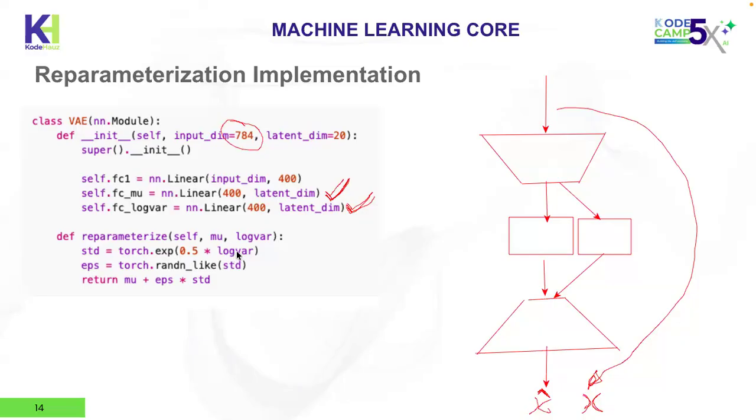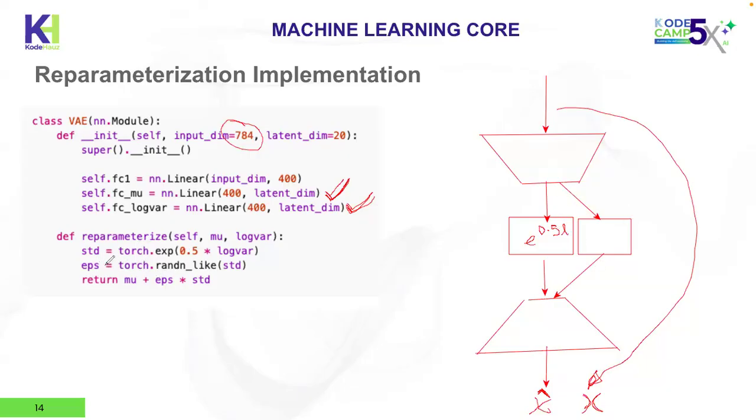So this logarithm value can be provided. It can be anything, but we are doing e raised to the power 0.5 times this log var, whatever it is. It's a constant which you pass in. So that is the deterministic part.